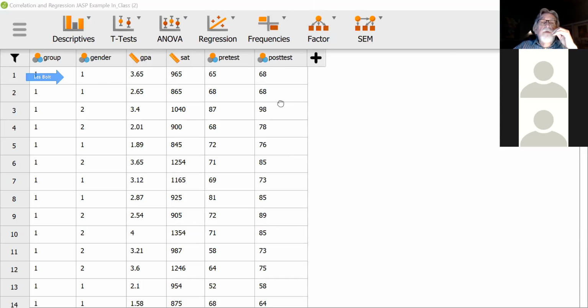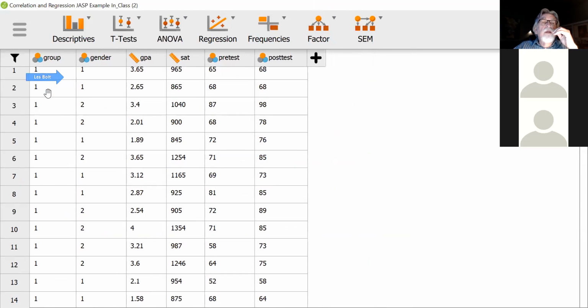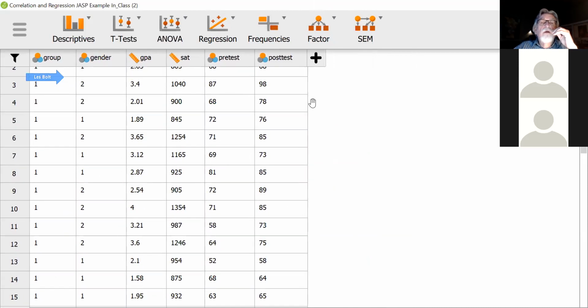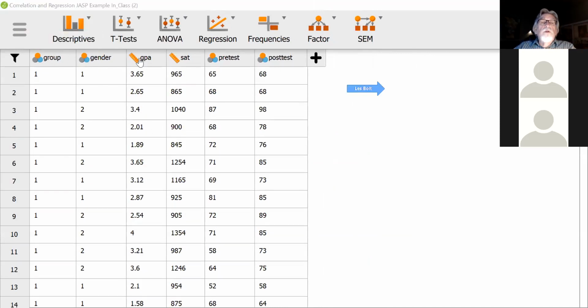And so I have a set of data that has group, gender, GPA, SAT, pretest, and post-test on it. And let's say I wanted to know whether there's a relationship between GPA and post-test value. I want to know if GPA is related to post-test value.